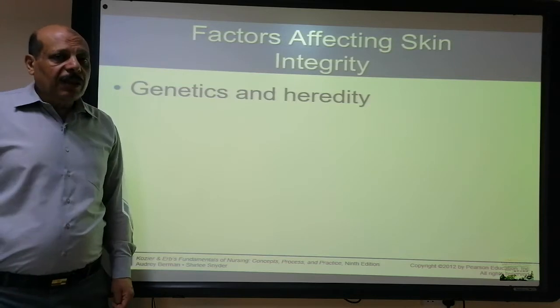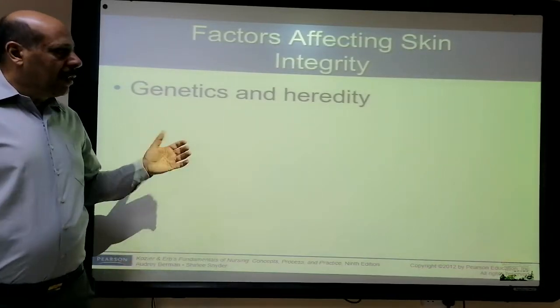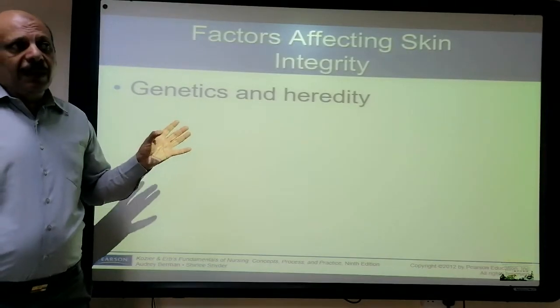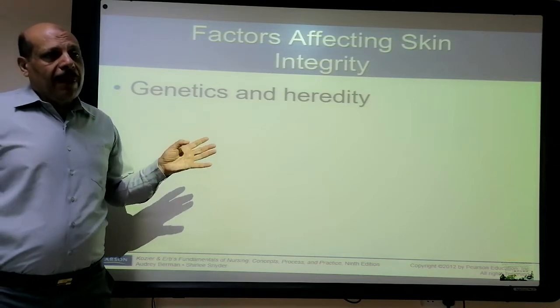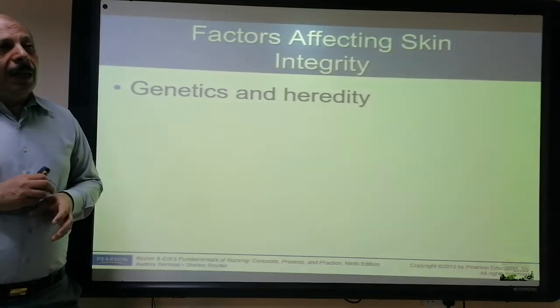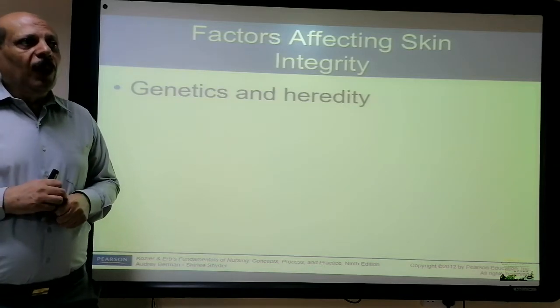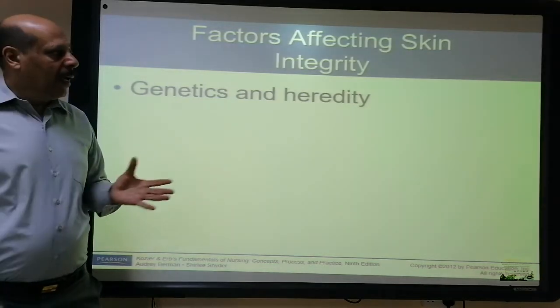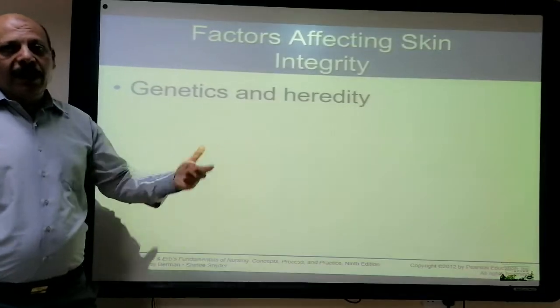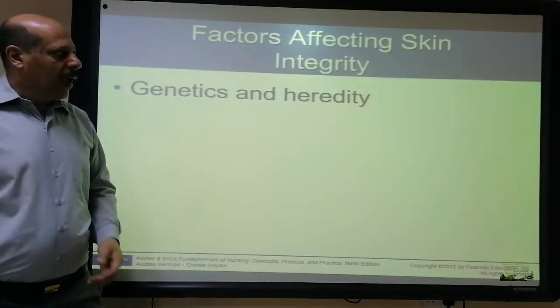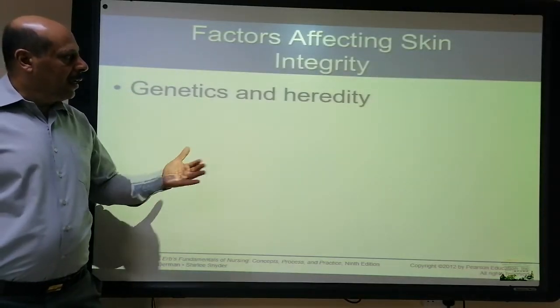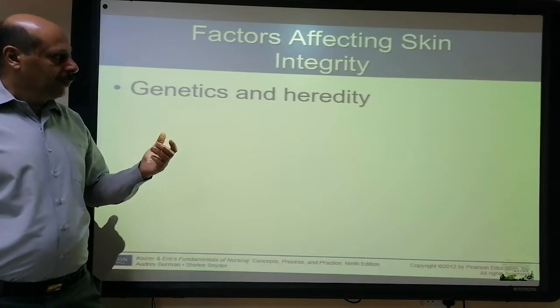So genetic and hereditary factors affect the skin. Sometimes white people are more sensitive to the sunlight, and it might affect their skin and it might cause cancer in those people.